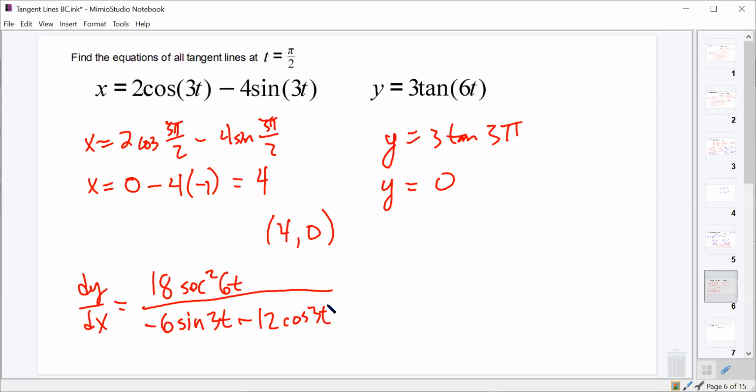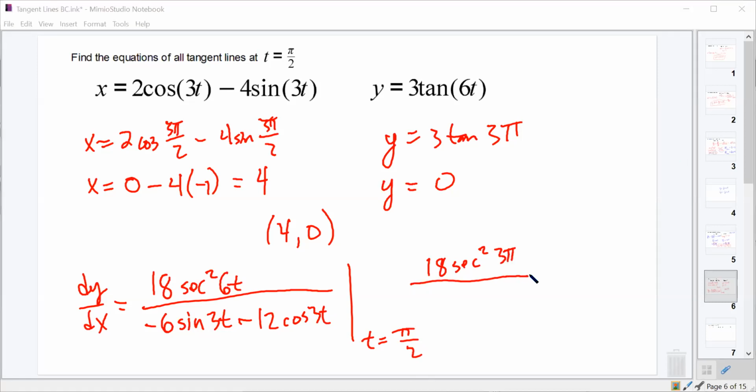Okay. So now we just need to evaluate this at t equals pi over 2. And so at t equals pi over 2, we're looking at 18 secant squared of 3 pi over -6 sine 3 pi over 2 minus 12 cosine 3 pi over 2.